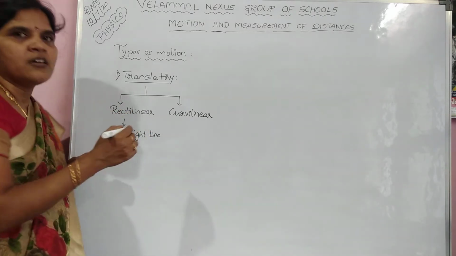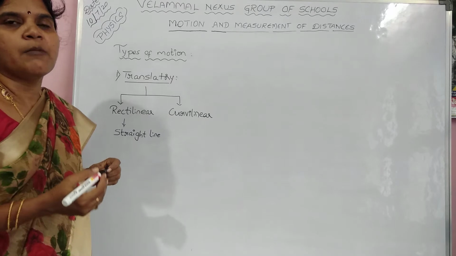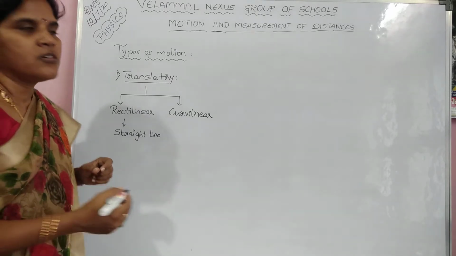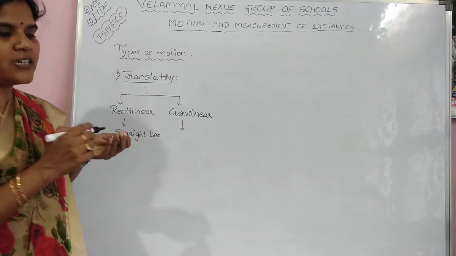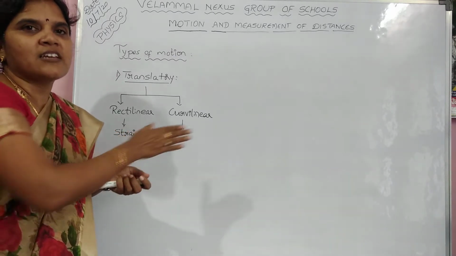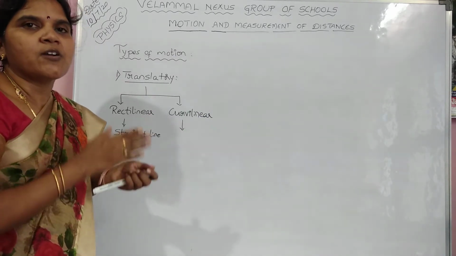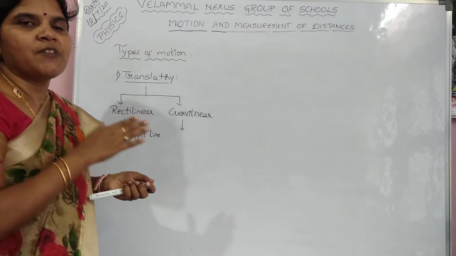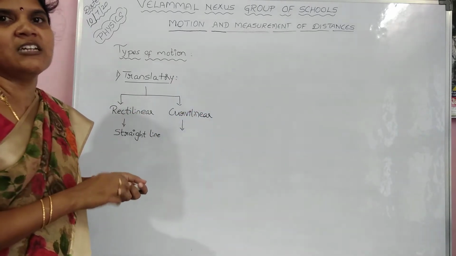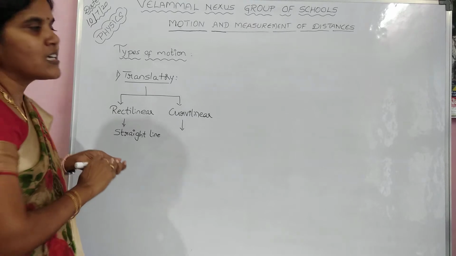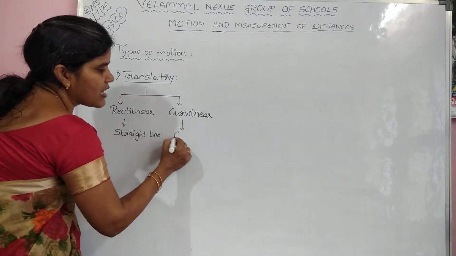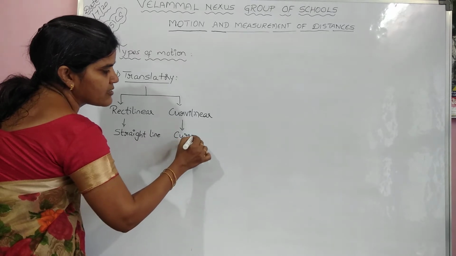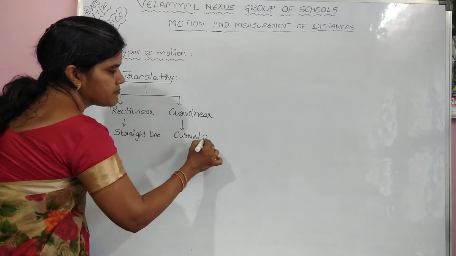For example, a ball moving on a floor, a boy riding a bicycle. What is curvilinear motion? The name itself says it's a curve. That means if a car takes a turn, if any vehicle takes a turn, that is a curve. So a body, if it is moving in a curved path, then we call it curvilinear motion.